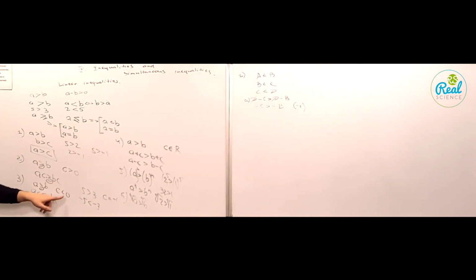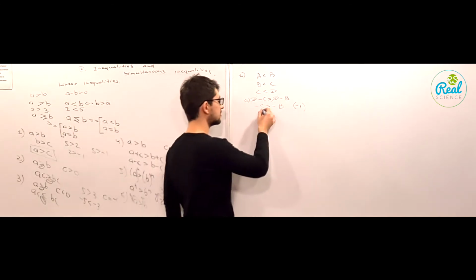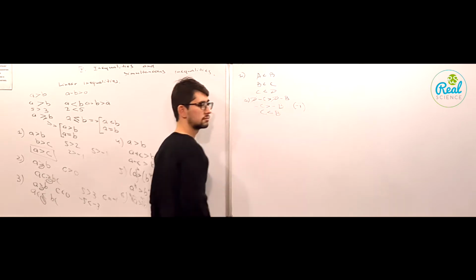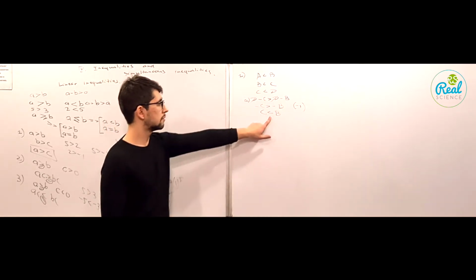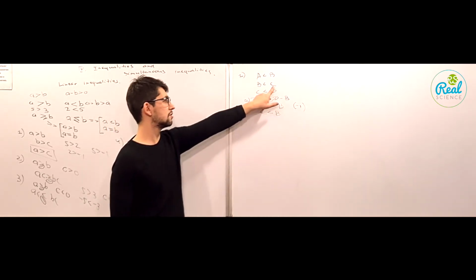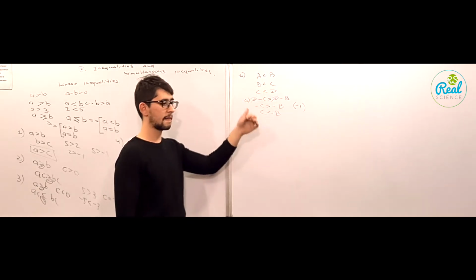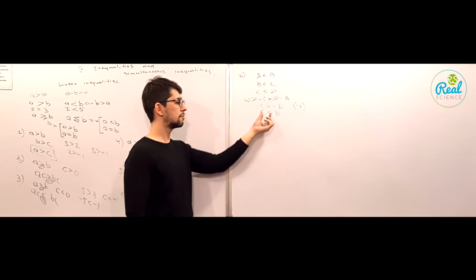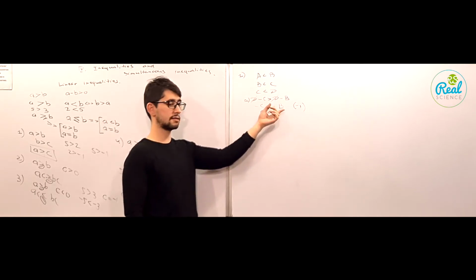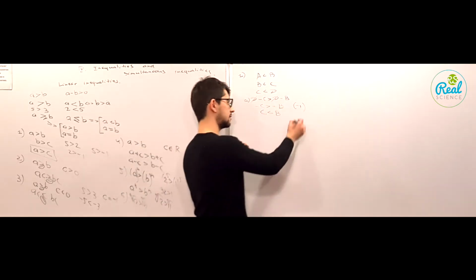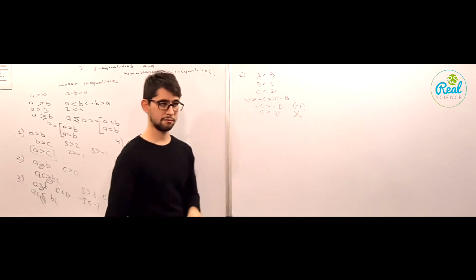If you multiply both sides by a negative number, the signs will change, right? So let's change the signs. Your C is less than B, right? Is it true? No, your C should be greater than B. Thus you have come to the conclusion that C is less than B, so it is incorrect, okay?